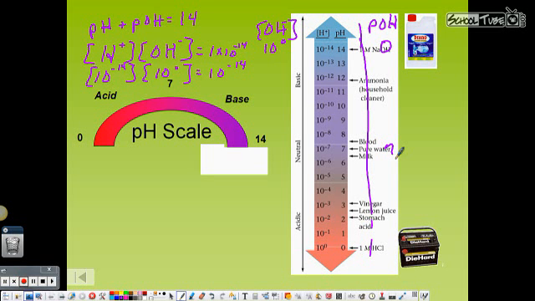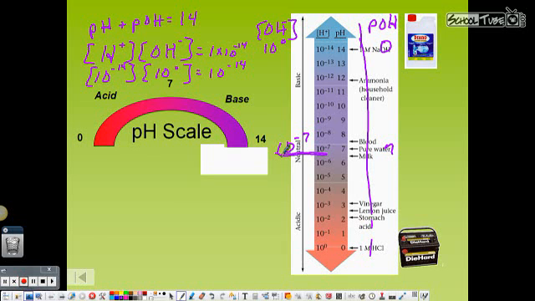And if the H concentration is 10 to the minus 7, what is the OH concentration? 10 to the minus 7, because minus 7 plus minus 7 is minus 14. When you multiply these two numbers right here, I should get 10 to the negative 14. With me?